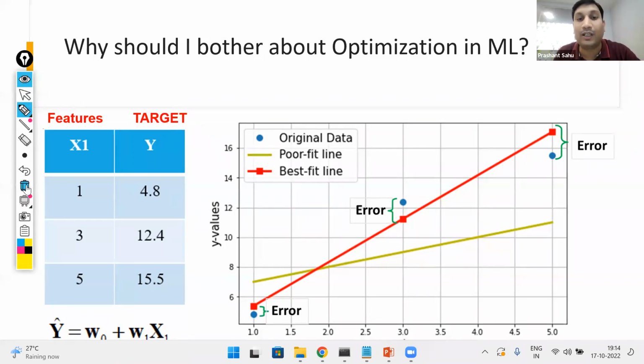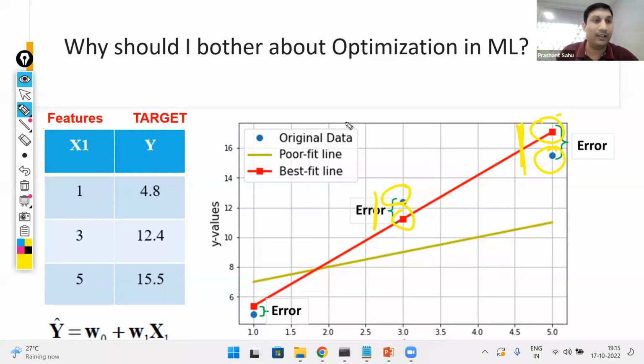The predicted values are coming from that red colored line, and the blue circles that you see are your original data that I've plotted. So there is some difference. That is your error term, right? Let's say I wanted to predict this, and what I've got is this. So there is a difference here. Similarly here on the right side, I wanted to predict this, but what I got is this. So that vertical difference is your error.